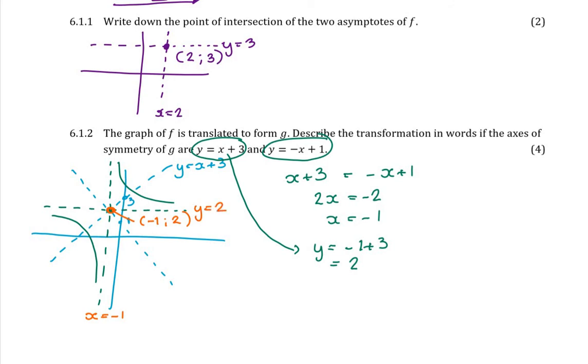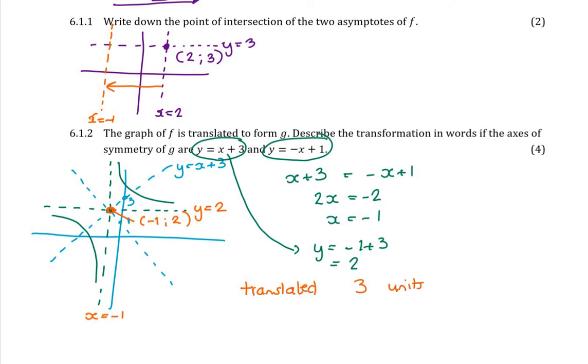Now how does that help me answer this question? Well, if I look at 6.1, in 6.1.1 I actually have the original asymptotes. Now the asymptotes are at x is equal to negative 1. So clearly I can see what transformation occurred. My entire graph and my asymptotes must have been translated 3 units left.